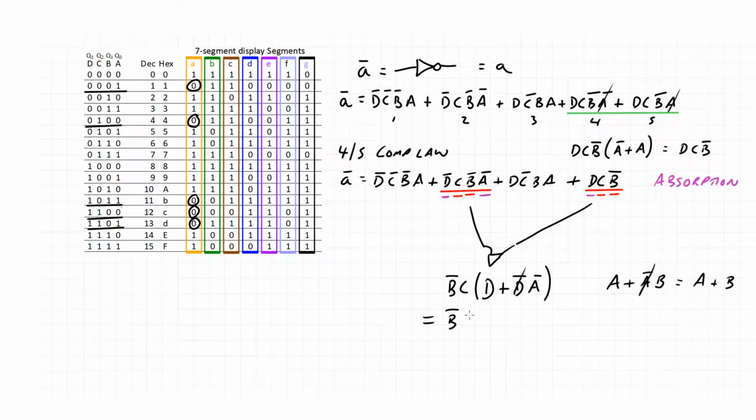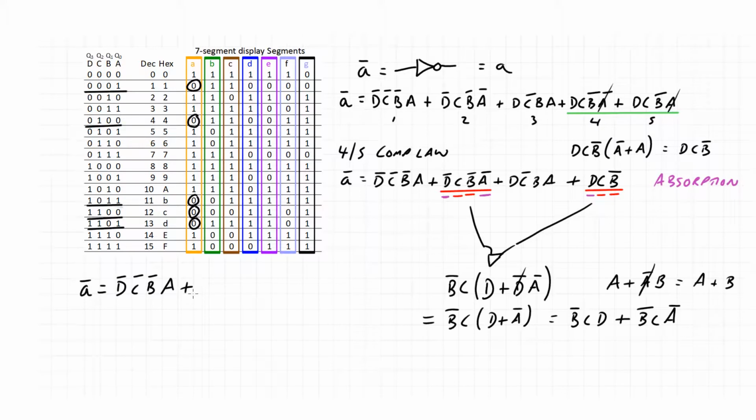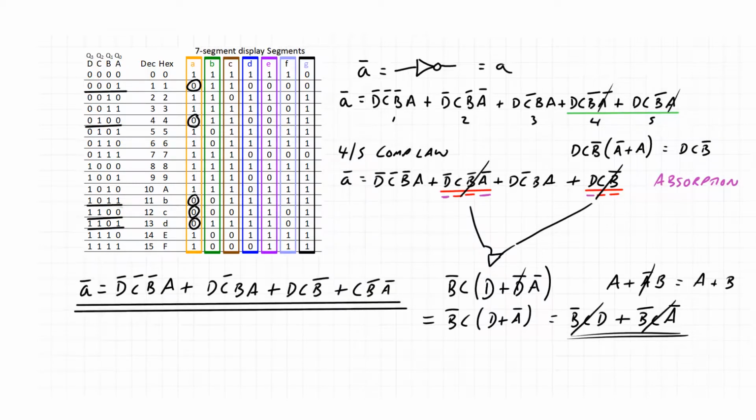So those two terms are worth not B C into D or not A, which is not B C D or not B C not A. So then we regroup and write what we have for the overall expression not A. The first term, not D, not C, not B, A, or the equivalent of these two that we used the absorption law on. Write those down. D not C, B, I'm doing it in alphabetical order usually.